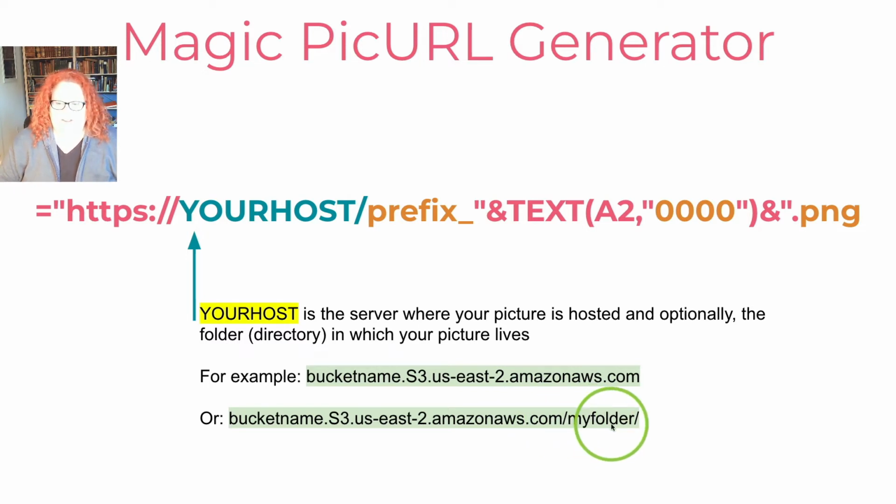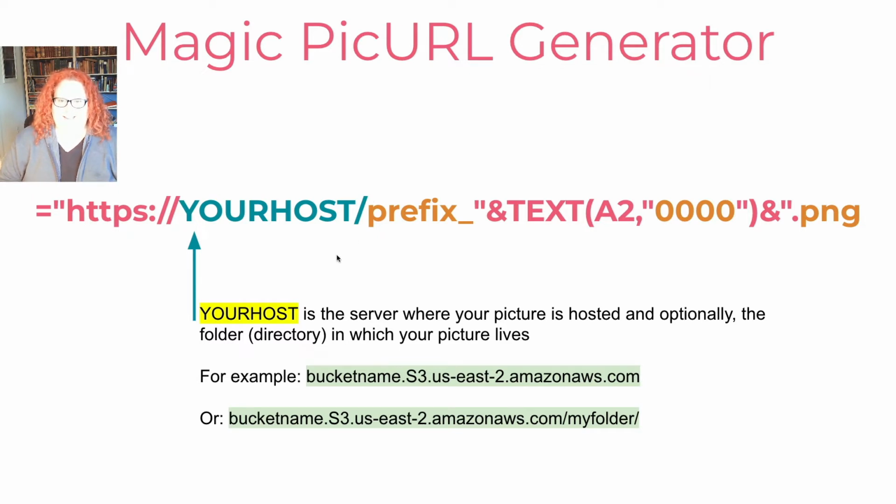That might be the date, or it might be postcards, or whatever the name of your folder is that you made up yourself. That's all going to go in that part, and it ends with this /, which is a little confusing that I put it here and not here, but it ends with the /.